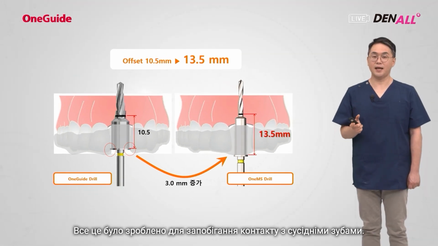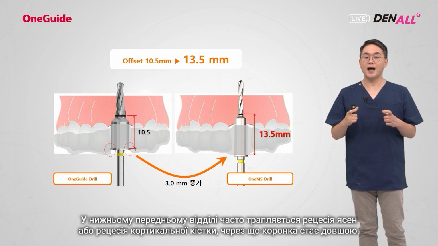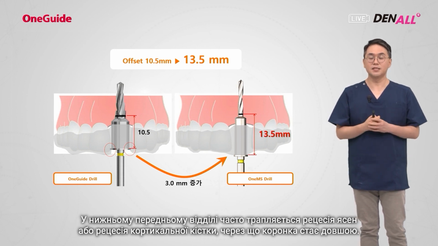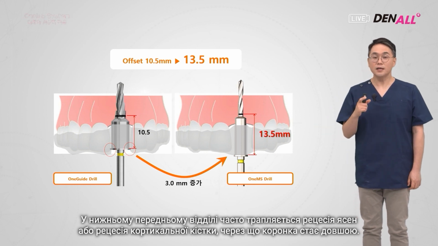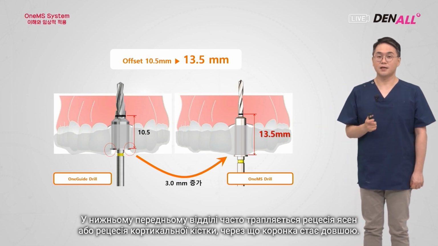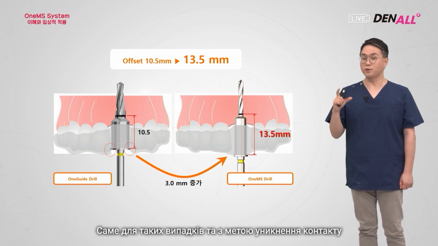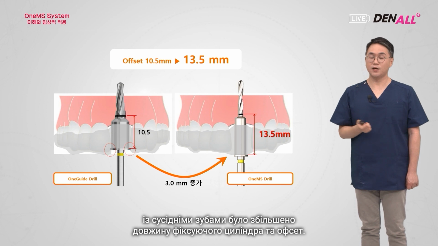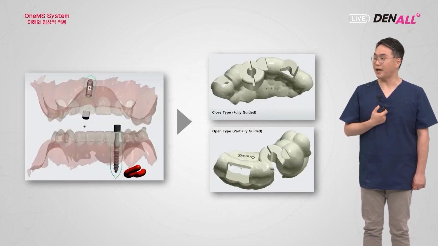This is to avoid interference with adjacent teeth. So on the lower anterior part, gingival recession or vertical bone resorption often happens, and the crown becomes longer. In such cases, the guide barrel drill is extended, and the offset is also extended to avoid interference.